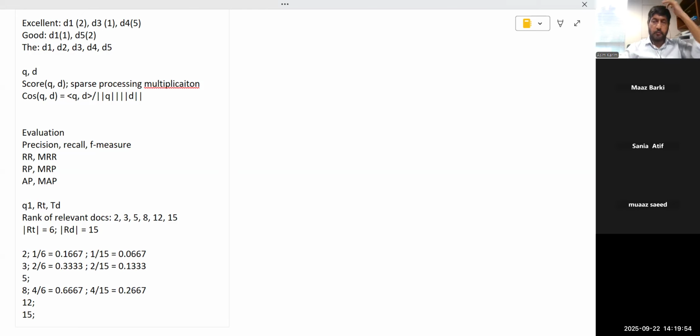So you can plot all of these numbers, precision and recall, as a precision recall curve. So you notice that as the recall increases, the precision decreases. Okay. One second.